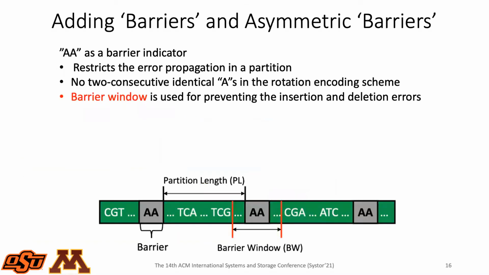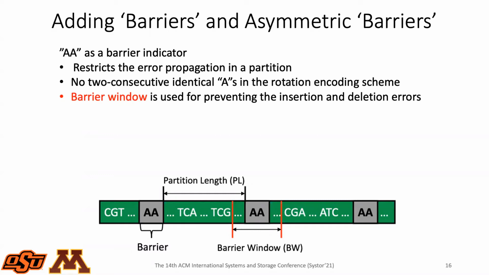According to the barriers, we use AA as a barrier indicator to separate the partitions. The barriers can restrict the error propagation within a partition. The reason we can use AA as a barrier indicator is that there are no two consecutive identical bases in the rotation encoding scheme.